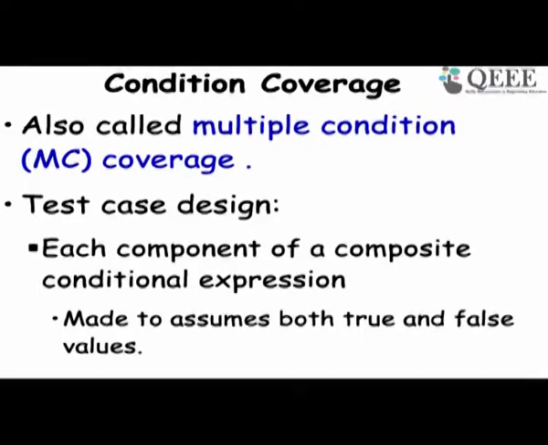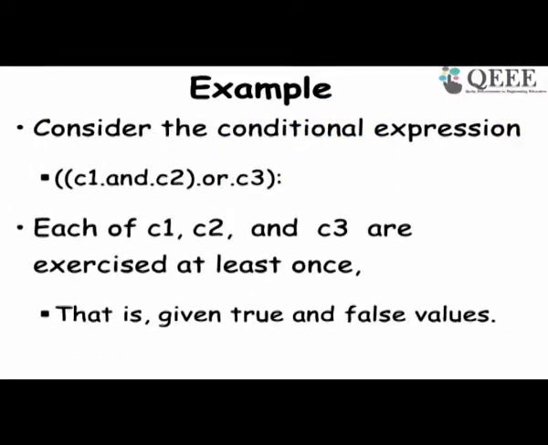As we said, one condition testing is the multiple condition coverage. So here each condition should be made to assume true and false. If we have an expression like C1 and C2 or C3, then each outcome of C1, C2, C3 should be exercised once.